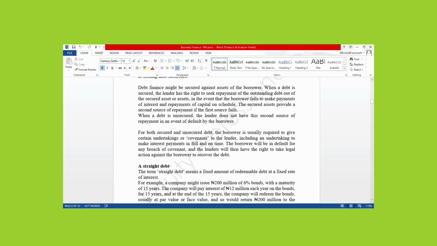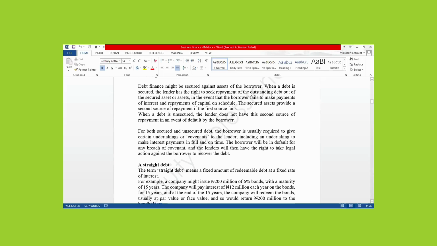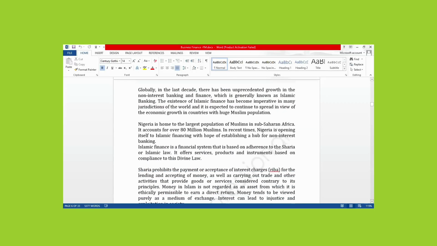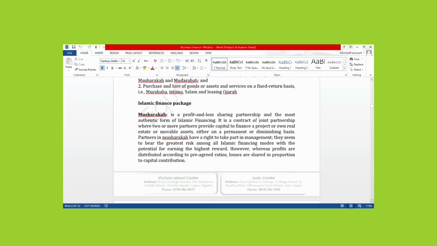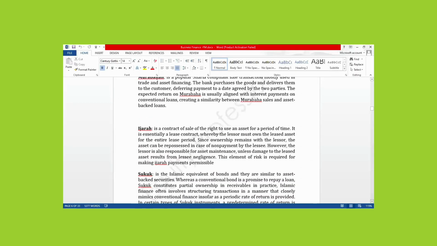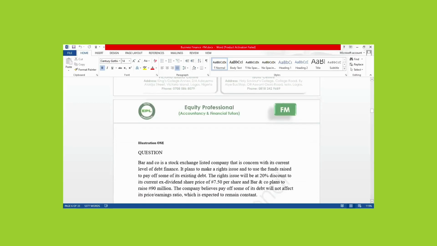These conditions are called loan or debt covenants. Once you borrow the money, you must comply, you must abide by the conditions. We discussed this. Of course, we didn't discuss Islamic finance. That will be later. But that was where we stopped last week.